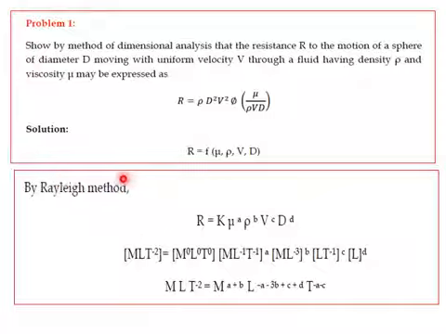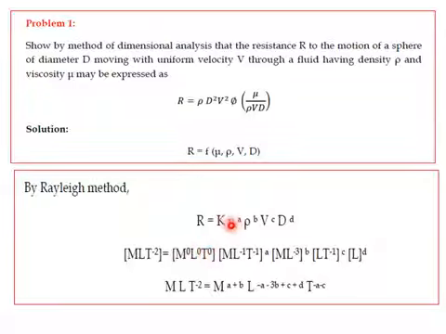By Rayleigh's method, we can write R as an exponential equation. Therefore it is written as some constant K, mu to the power of a, rho to the power of b, v to the power of c, d to the power of small d. The next step is to substitute the dimensions. You know that resistance is nothing but force, and force is mass into acceleration, so M L T minus 2. The constant is a dimensionless term, so M to the power of 0, L to the power of 0, T to the power of 0.